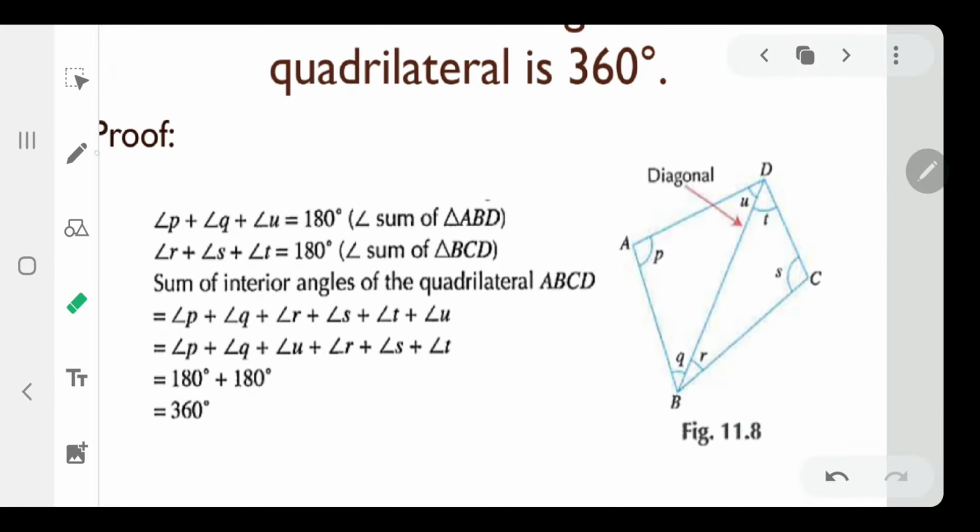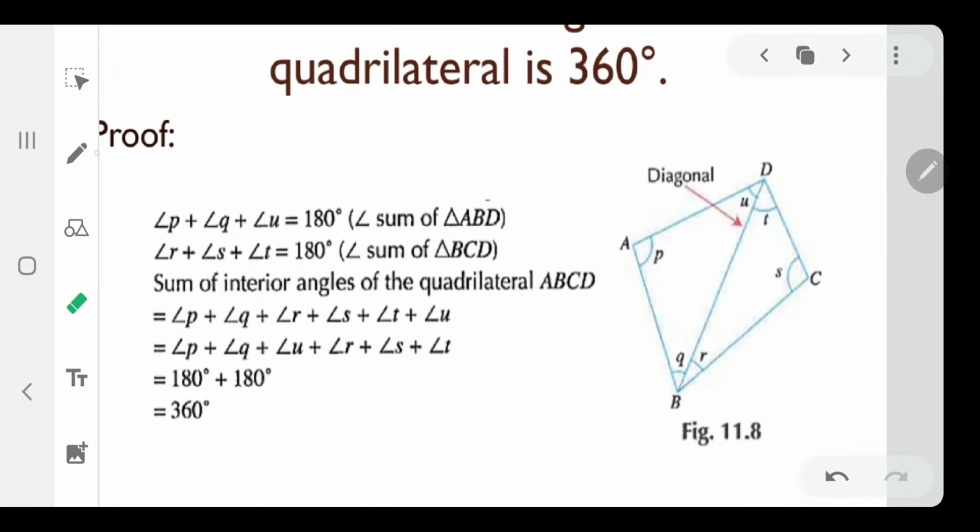Angle R plus angle S plus angle T is equal to 180 degrees for the other triangle, that is BDC, right? So we know that the sum of interior angles of quadrilateral ABCD must be equal to the sum of angles of both these triangles.